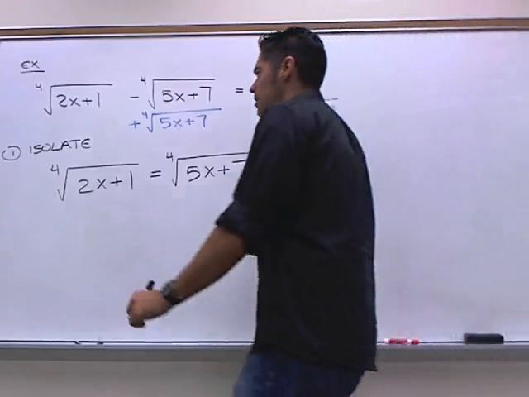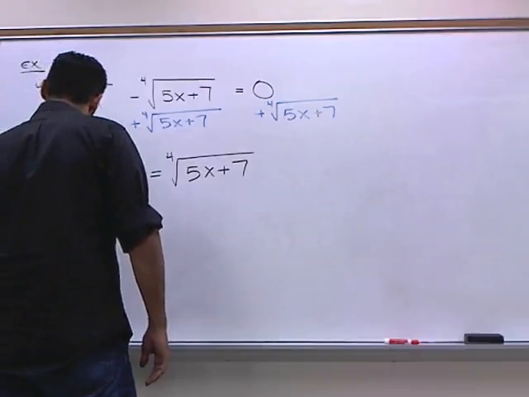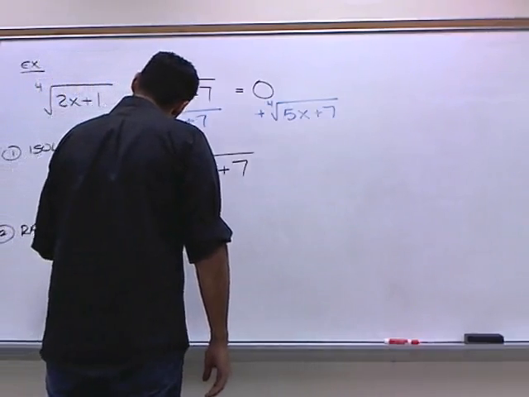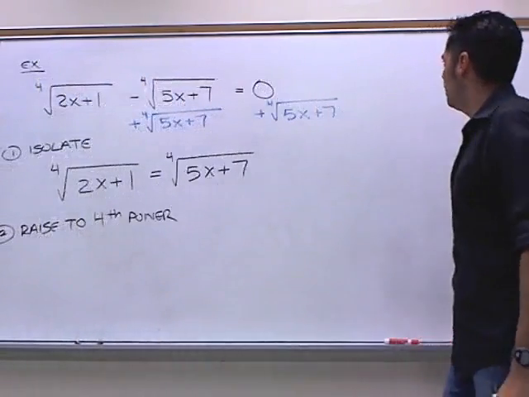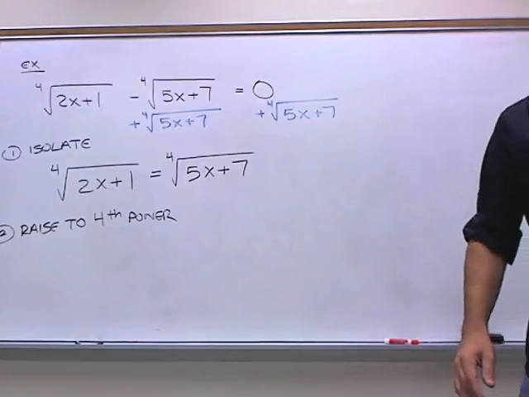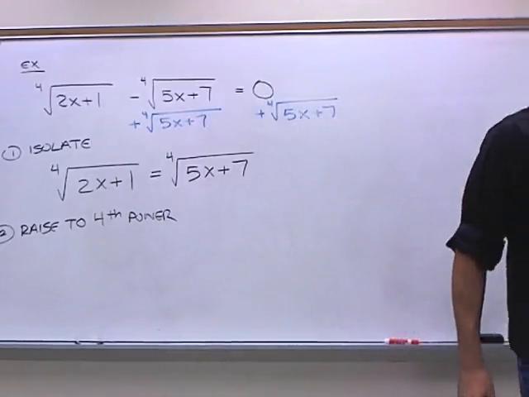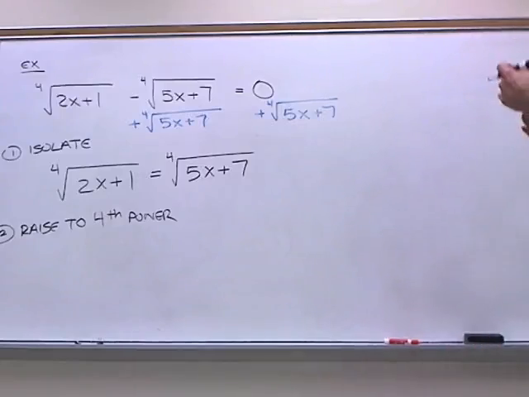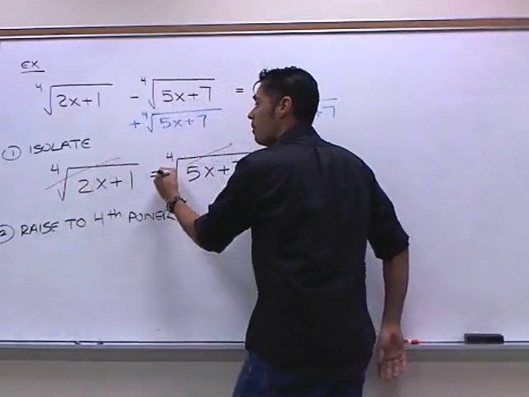Fourth power both sides. So second step, raise to the fourth power. Although it may look ugly, it's actually going to be really nice, because what happens when we raise something to a power on both sides? When we raise the fourth root to the fourth, it'll go on both sides.